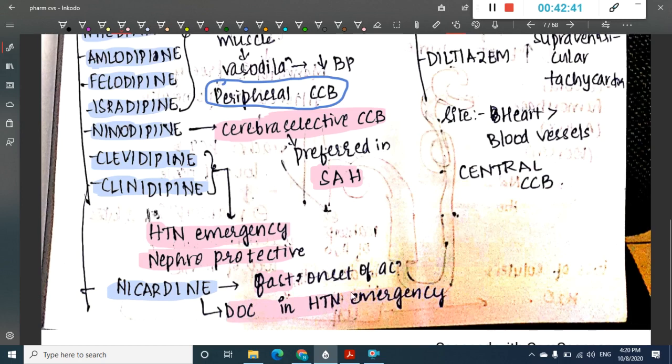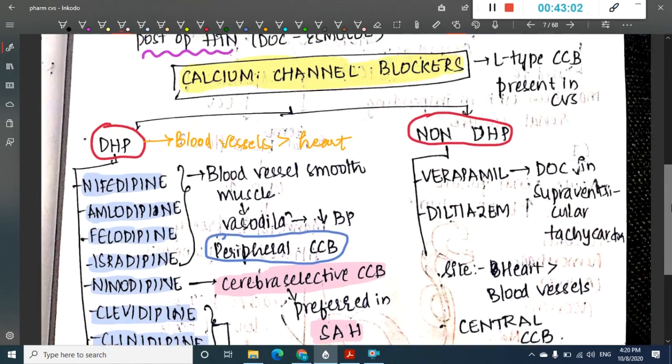If someone has very high hypertension, around 200 or 210, we need a drug which will decrease the BP very fast, because it might cause many complications. To prevent this, we can give nicardipine, which has a faster onset of action.